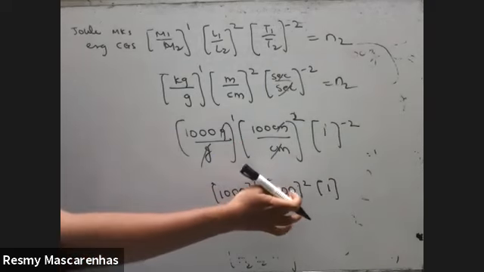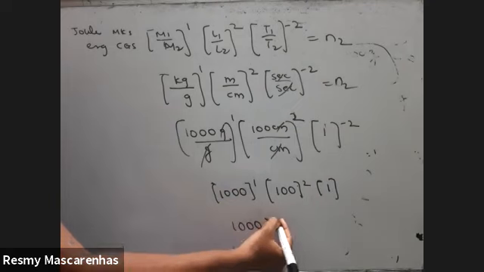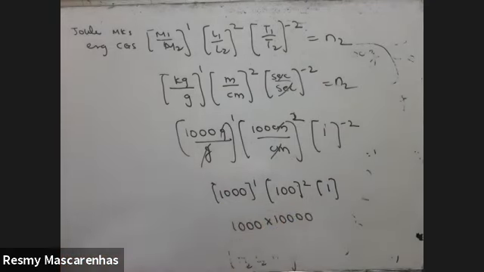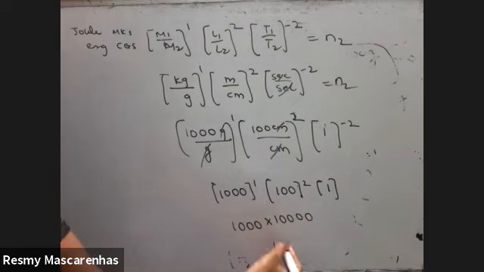Now square means these zeros will double. This is square. Total 1, 3, 4, 5, 6, 7. Right, then 10 raised to 7.